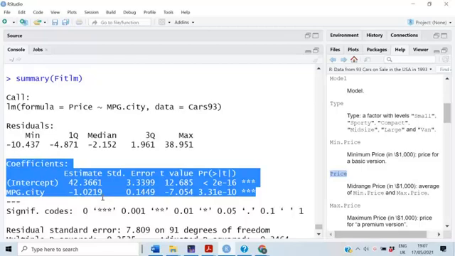I cannot say standard error for age, because age is a variable. However, I can say the standard error of the mean, the standard error of the mode, the standard error of the variance. So these standard errors are for the beta naught and beta 1.